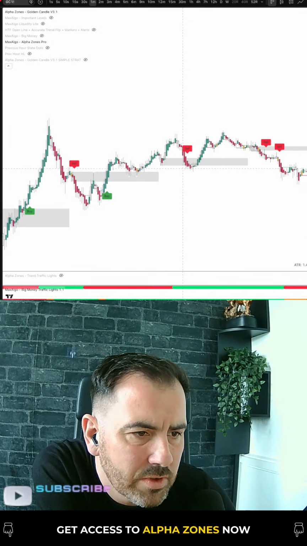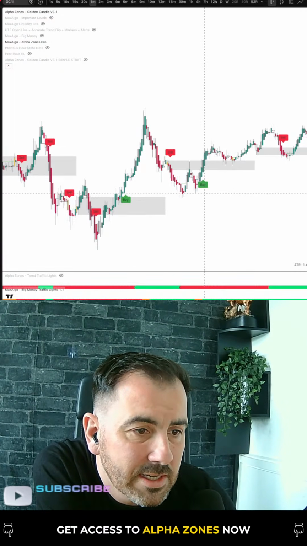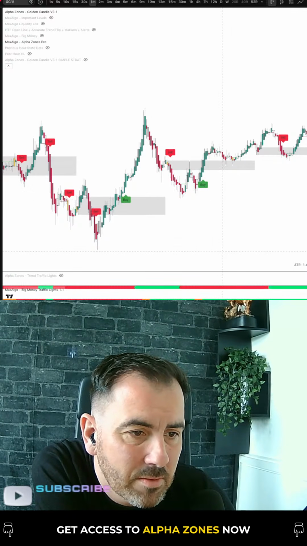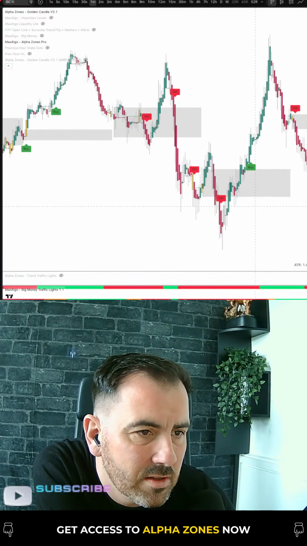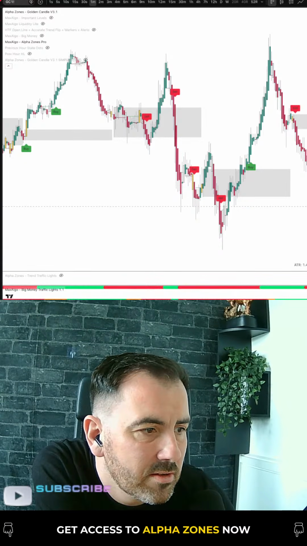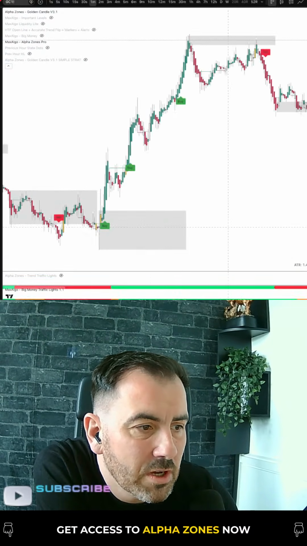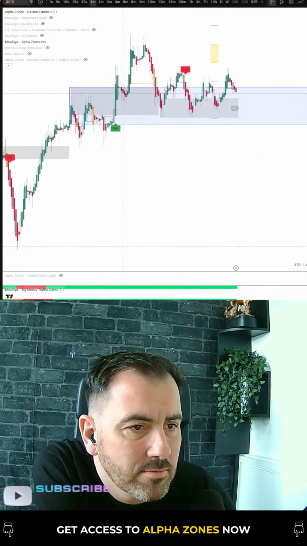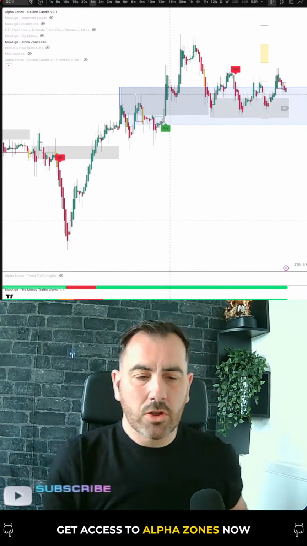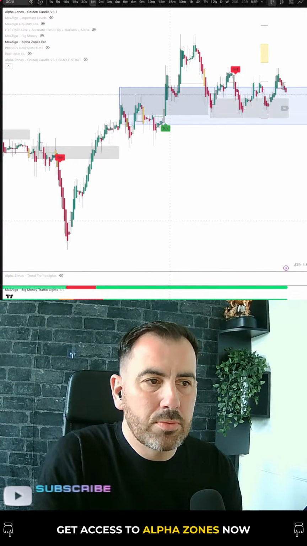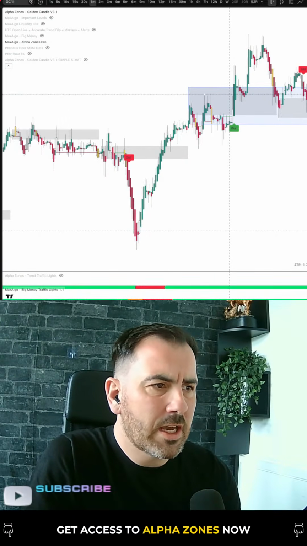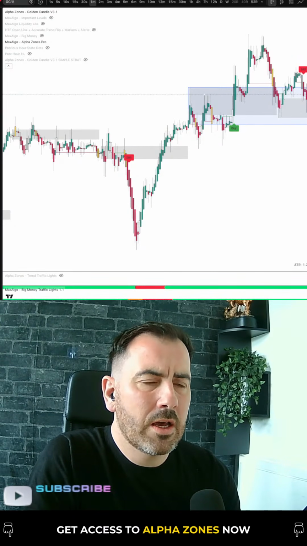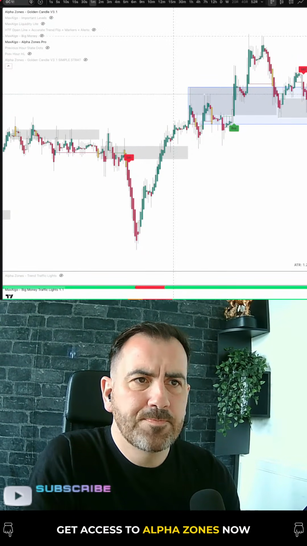Trading right into a zone there, I'm not taking that. 16, might be a loss. 17. From a gold point of view, the signals aren't too frequent that you're going to get chopped up. However, they are frequent enough that getting an alert on them will help.